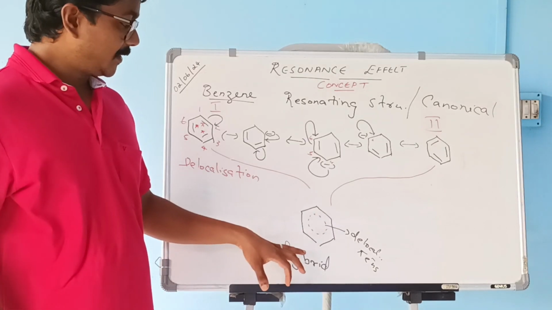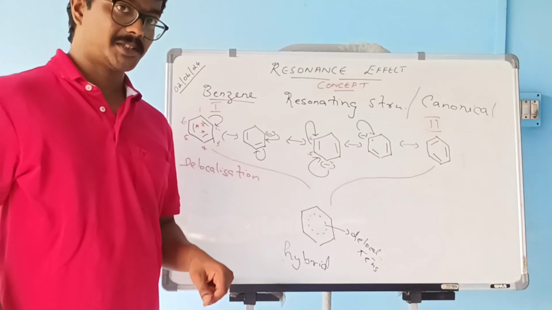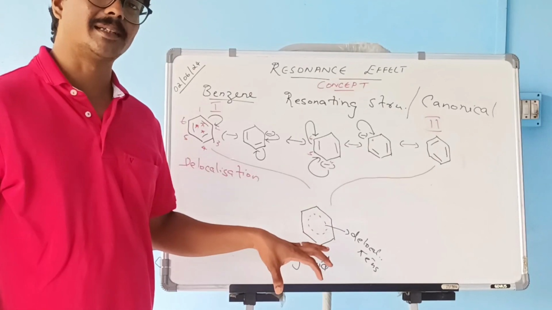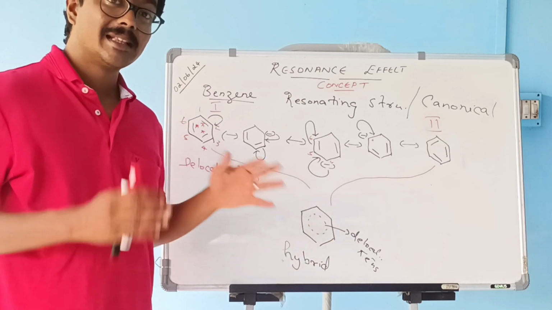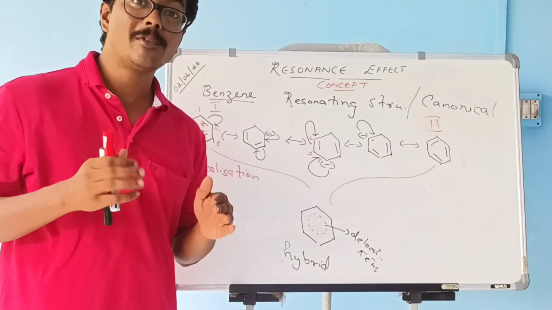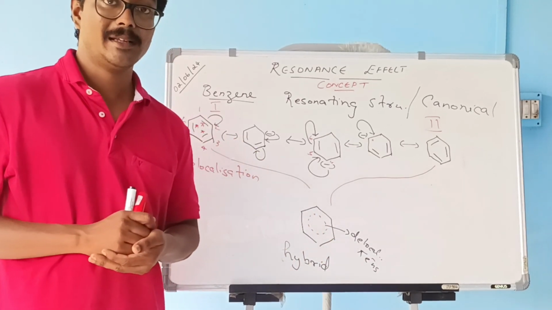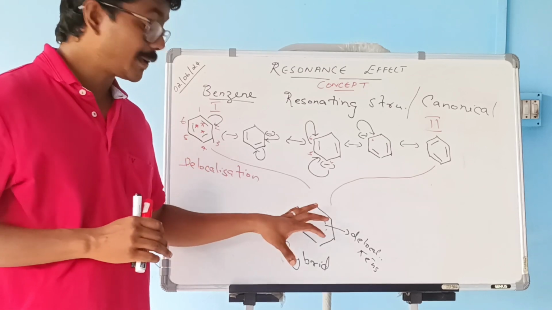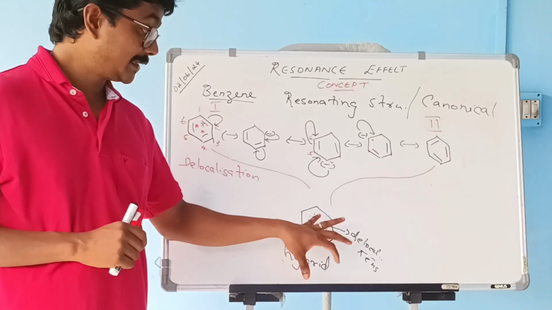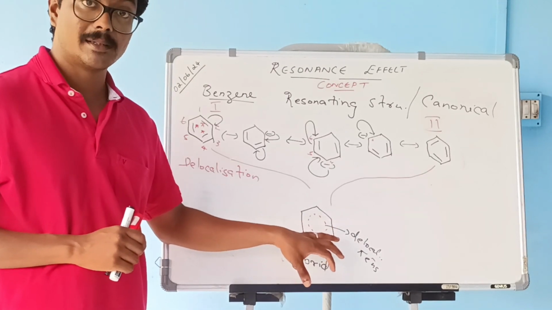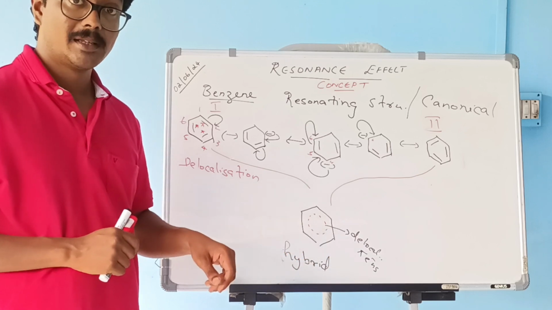What is the difference between the hybrid and the resonating structures? Why is the hybrid structure representing it? The hybrid structure has the lowest energy. Hence, this is a very stable structure for benzene.